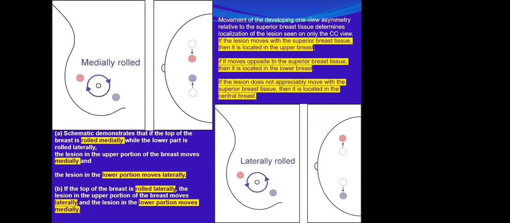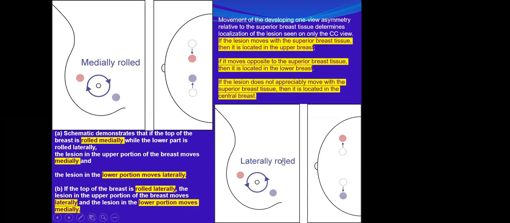Usually the rolling is of the superior breast. When we roll the superior breast medially, anything in the superior will go medial while the inferior will go lateral. You got the point? The superior will go medially, while the inferior will go the reverse, laterally.